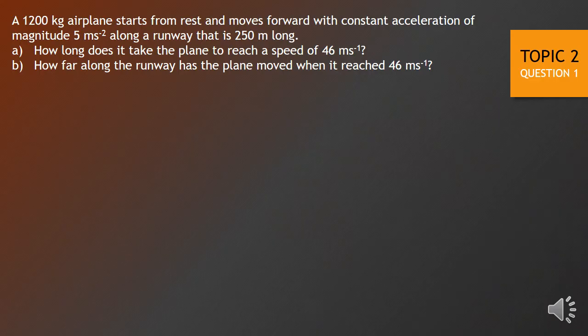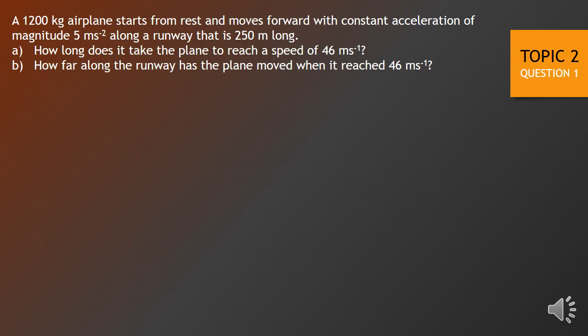Okay, now this is the first question for topic 2. In topic 2 we learn about the kinematics of linear motion. So we learn about the uniformly accelerated motion and also projectile motion.